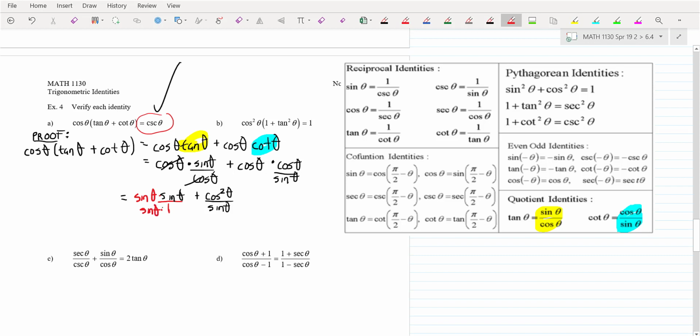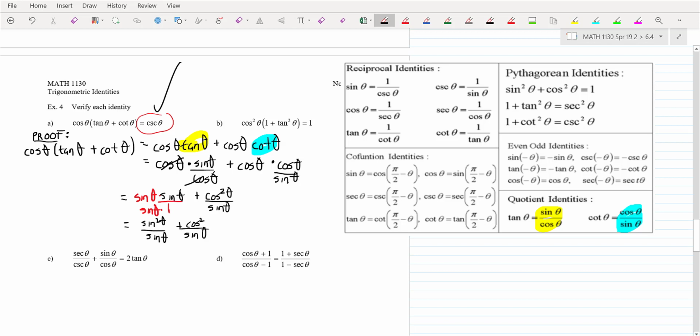Okay, now I see where this is going. Sometimes it'll reveal itself later in the proof how it's working. So now what I get is sine squared theta over sine theta. And then the second part is cosine squared theta over sine theta.